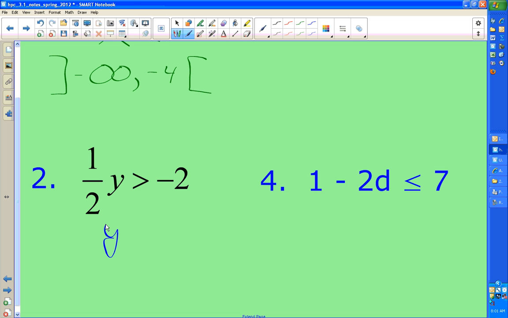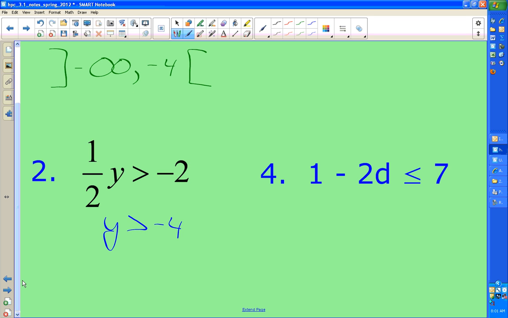Positive or negative? Oh, so only if it's a negative. Only if you multiply or divide by a negative. So then it'd be y is greater than -4. So then we're going to go shun -4, comma, infinity. And then you shun that.